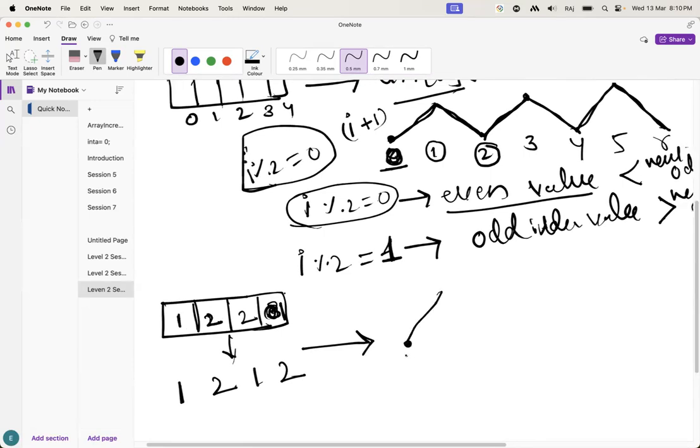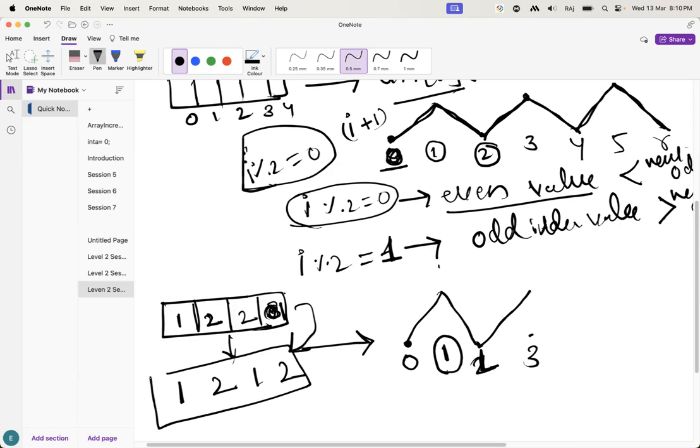The next odd index value is higher. And the next one will be lower than this odd index, that's why 1. And the next index will be higher, that's why this is 2. Guys, do you understand this one? We have to output this one. This is what we call a wiggle sort.